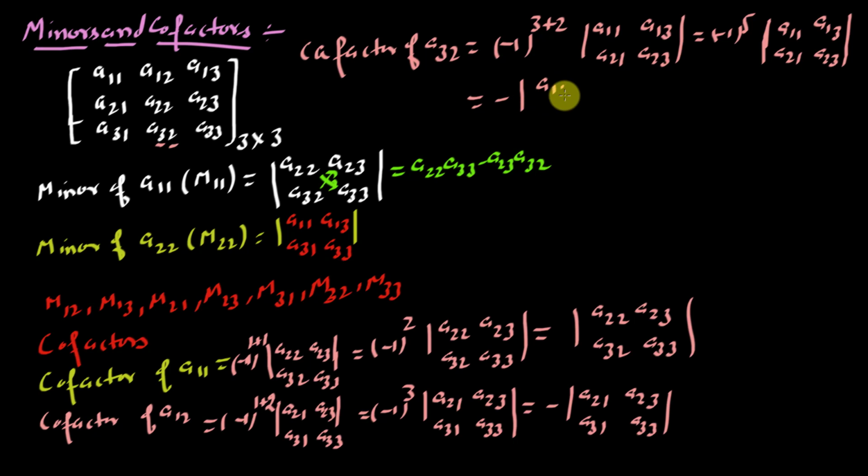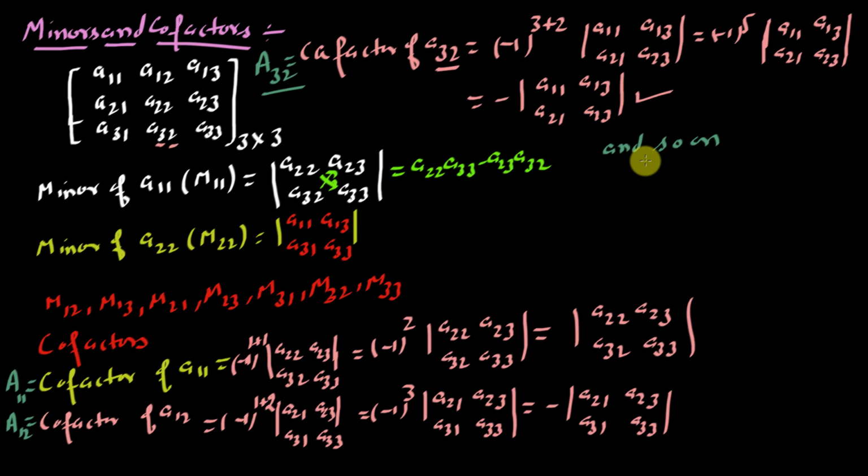So this is the cofactor of A32. These cofactors are represented by capital A11, capital A12, and capital A32. Fine.